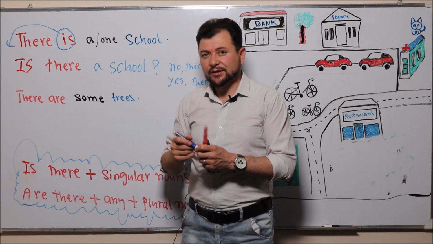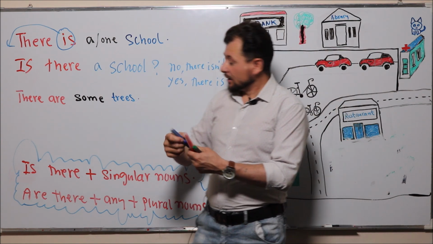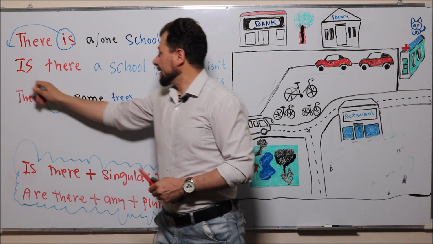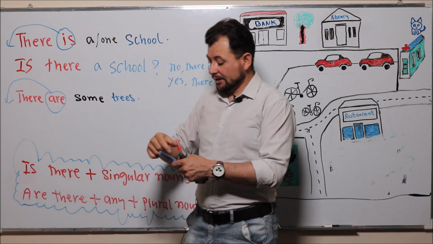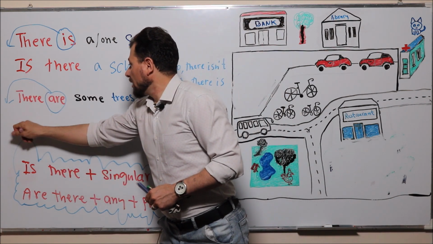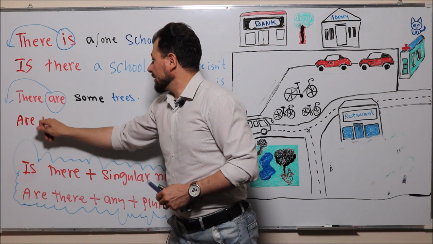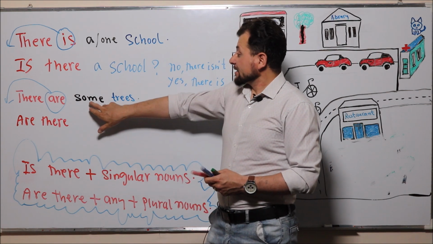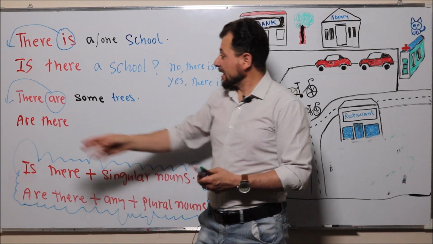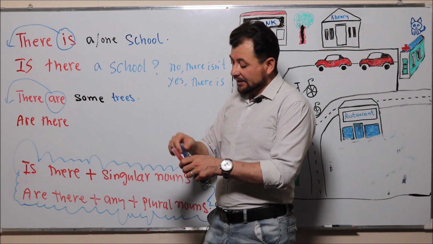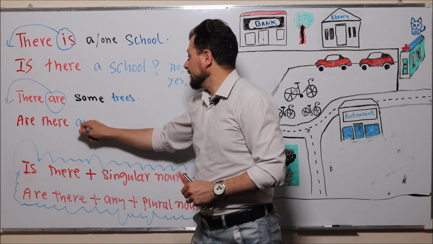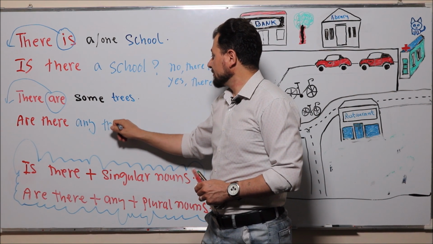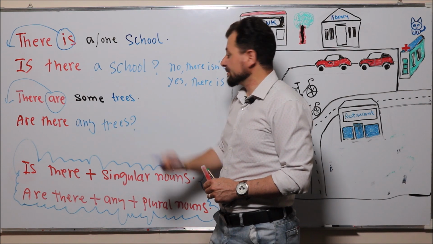So same thing I do with this one. Again, I take the verb to be and bring it to the beginning. And then I write, are there. So again, some will change to any. So I say, are there any trees?